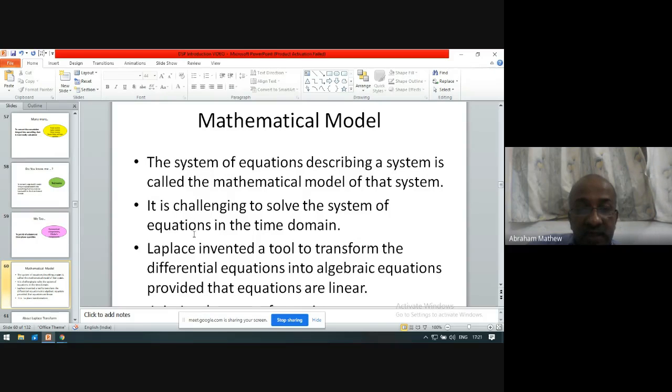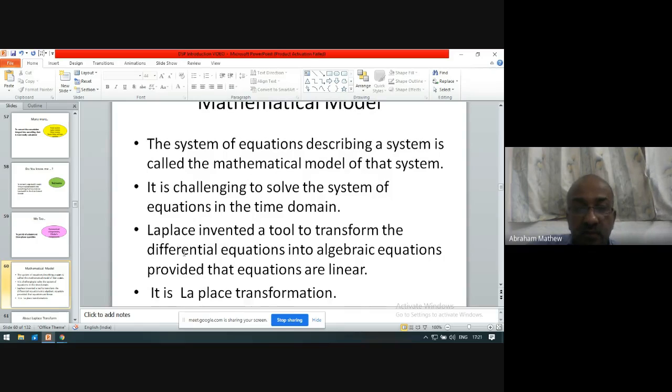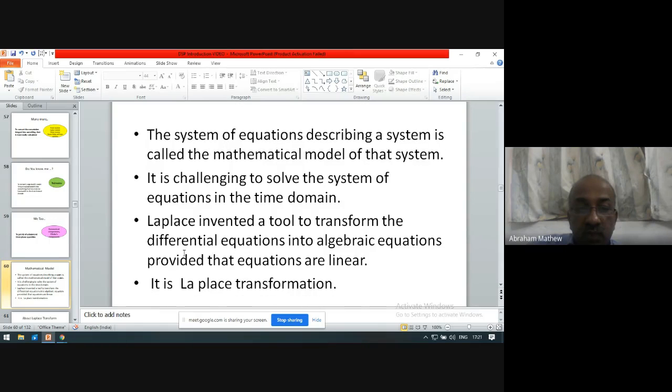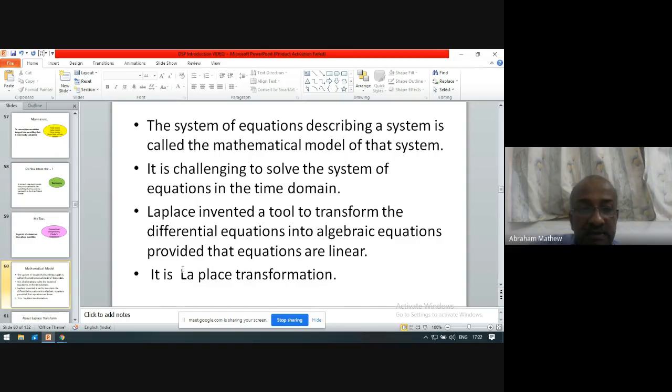For this purpose, Laplace invented a tool to transform the differential equations into algebraic equations, provided that these equations are linear. So that is the use of the Laplace transform.